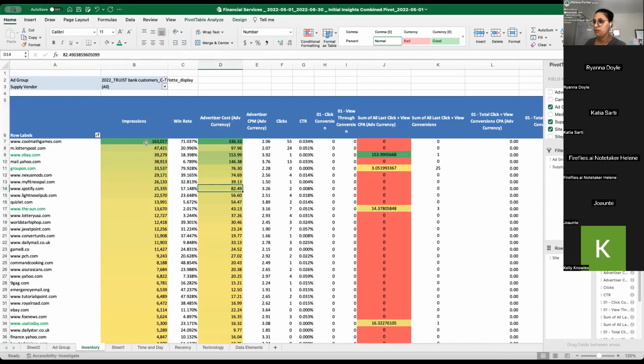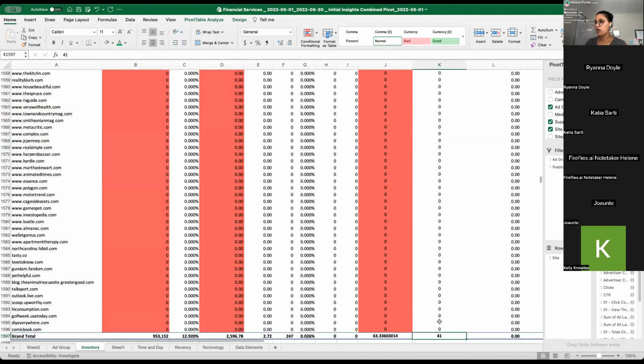Okay, so all of these, this is why I start with a KPI, and then I visually mark them and continue looking at the data, right? Because you got to manipulate the data the way you want. So what I did was mark everything that had some level of conversion in green, because the CPAs are high. And when you look at the total conversions over here, there's only 41 of them.